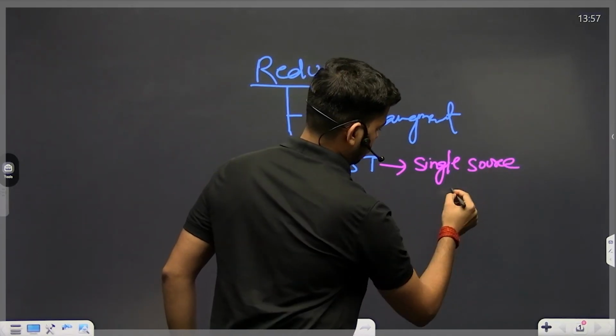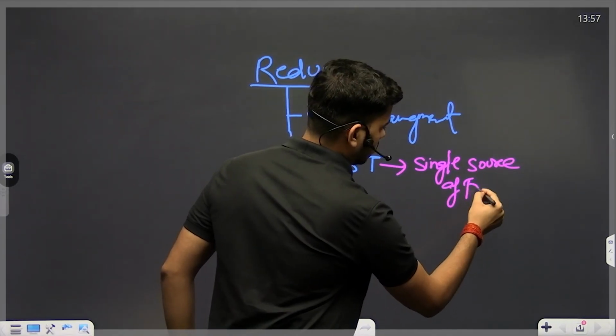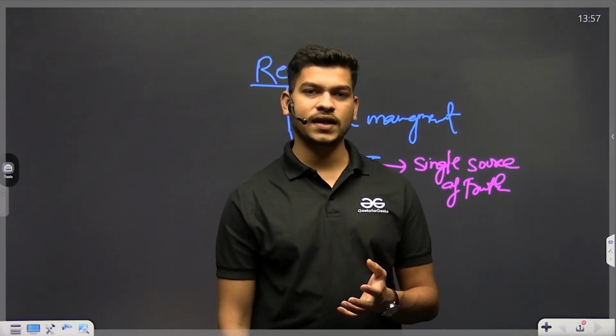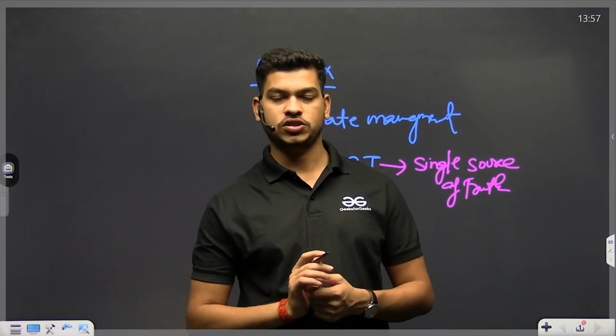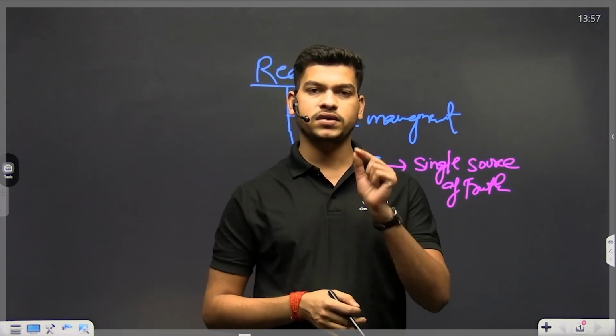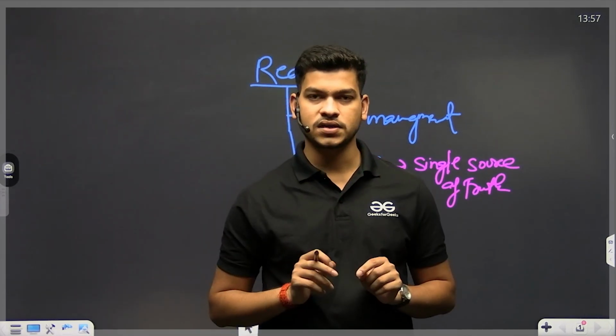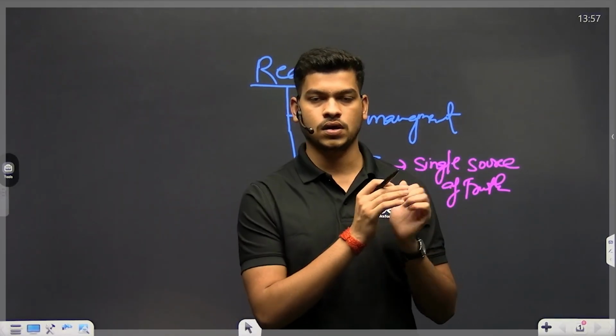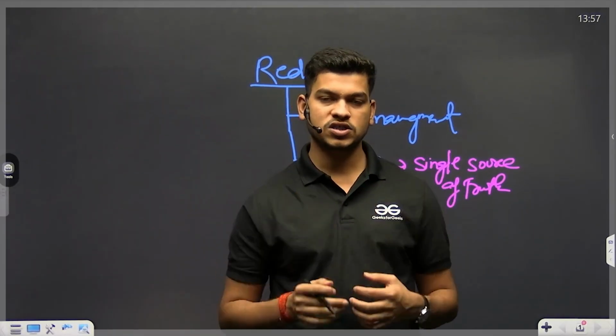What is it? Single source of truth. That means whatever you are dealing with, either it can be a change or any functionality, it will be dealt with using only a single source of truth. That means there will be one entity which will be managing the dispatching of the functionality, dispatching of the component, or the receiving of a value.